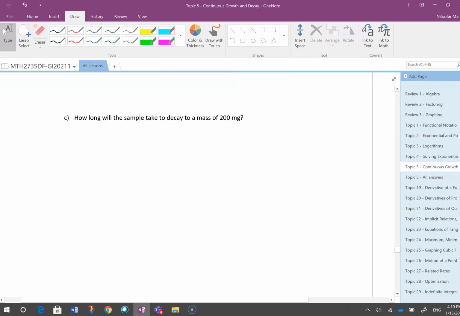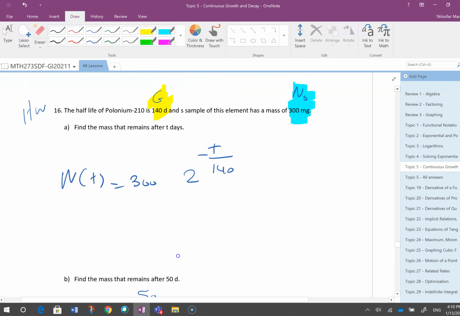How about C? How long will it take to decay to a mass of 200? Means after how long we have 200 when we start from 300 milligram. Okay, 2 power minus T over 140, and find T in days, I guess.